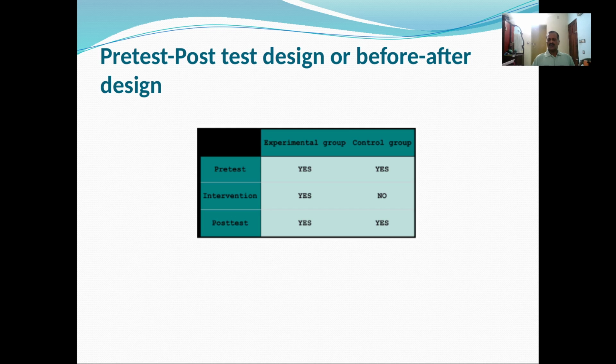The word placebo, you might have learned in your psychiatric classes or you will be learning. Placebo means an inert substance that has no action at all, but has all the characteristics of a true intervention. That is a placebo.